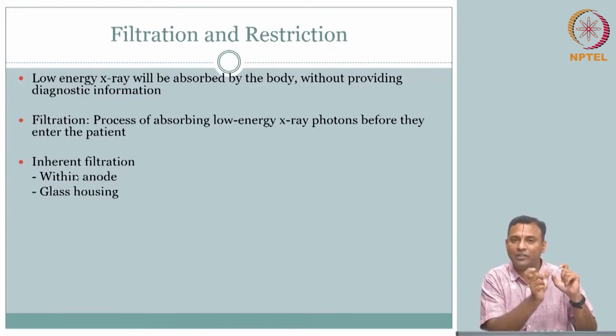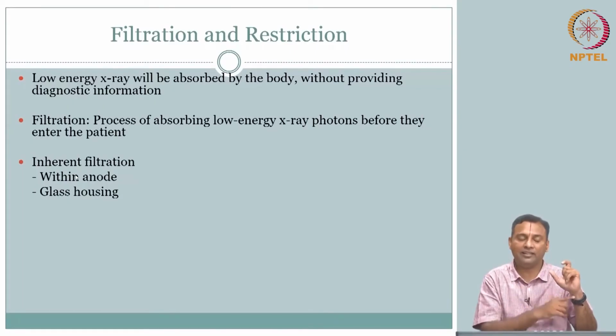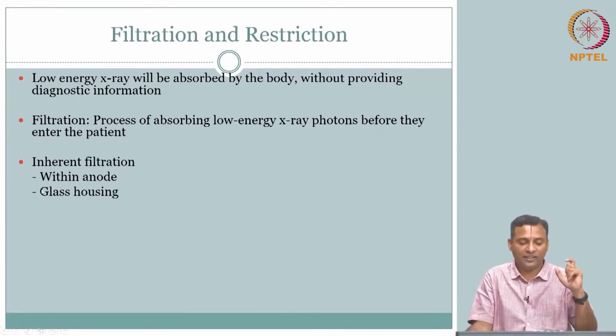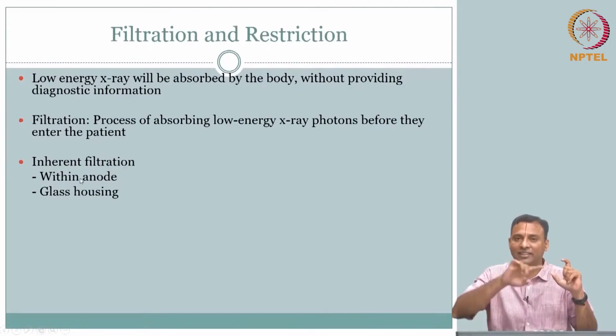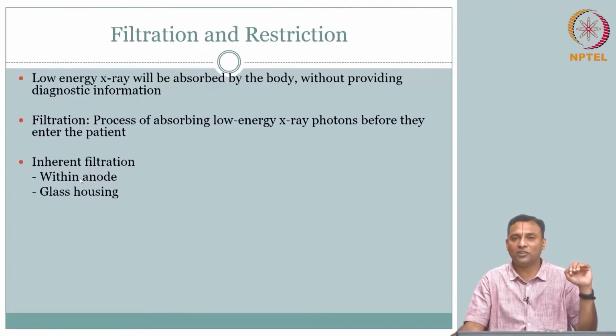At that time we mentioned that the energies at the lower end are generated, but the anode itself absorbs them, and so they don't come out of the X-ray tube. Now probably you can convince yourself that yes, the hill shape was explained. At least on the lower end, the loss was explained due to inherent filtering.